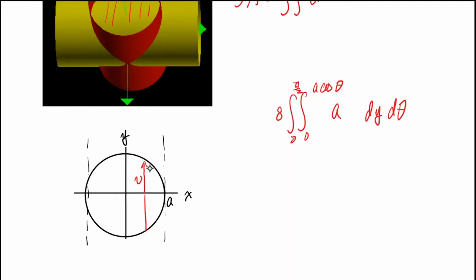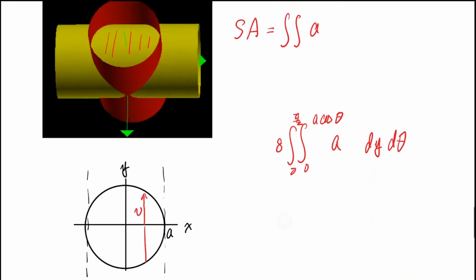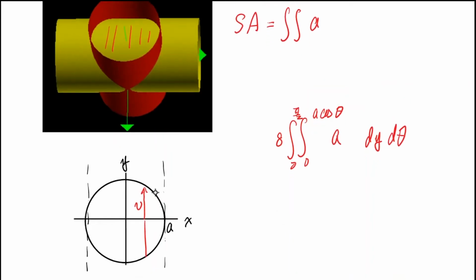Well, this is the equation of the circle, isn't it? So do you see that this is cosine theta, right? Okay, v is over here, and then our angle is u.